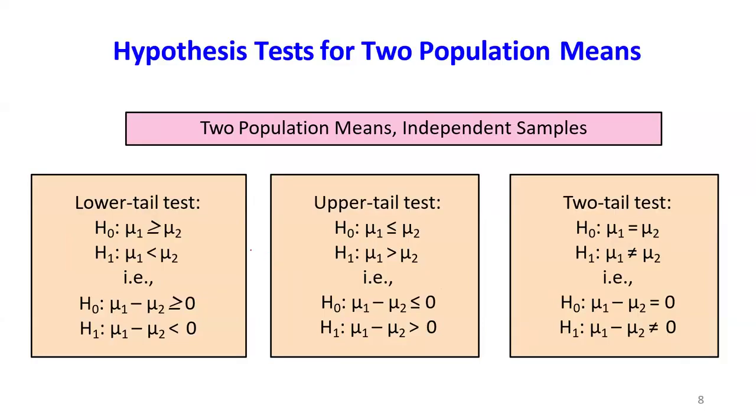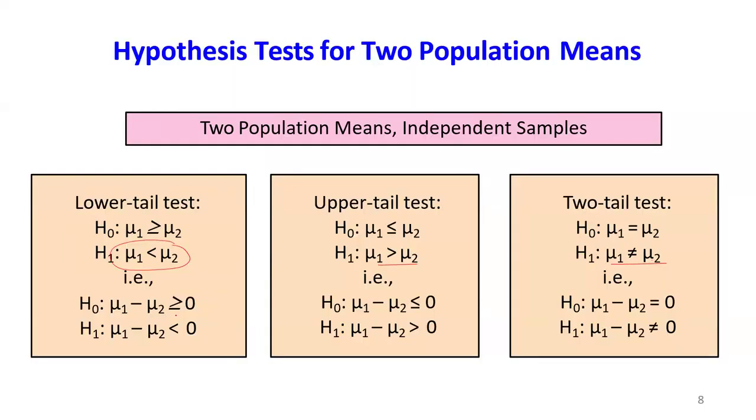Again, here we find three different scenarios: lower tail, upper tail, and two-tailed. Lower tail is where we make the hypothesis that the mean of population 1 is less than the mean of population 2. Similarly, for upper tail this would be your alternate hypothesis, and for two tail this would be your alternate hypothesis.